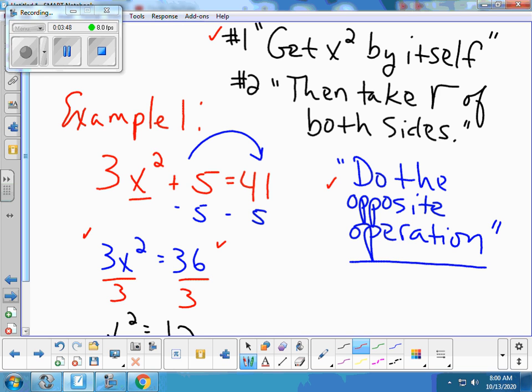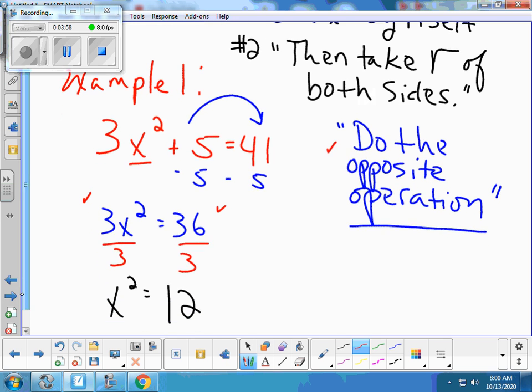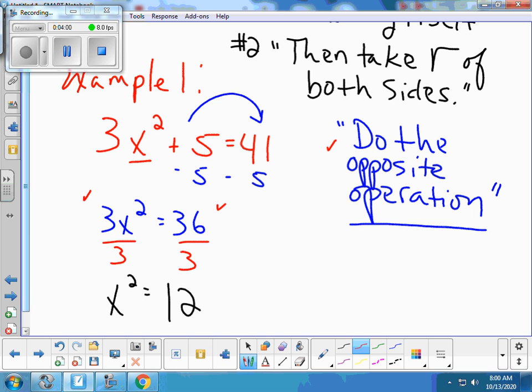Now the goal is to get that x squared by itself, doing the opposite operation. Opposite of multiplication, division. So here, this is 3 times x squared. The opposite of multiplication is division. You divide both sides by 3 and get 12.